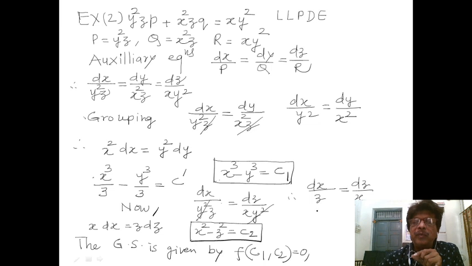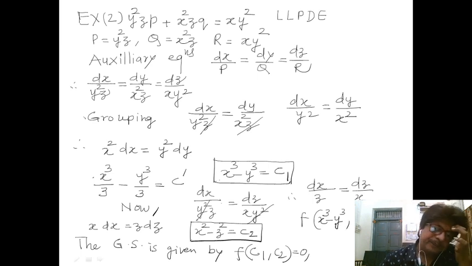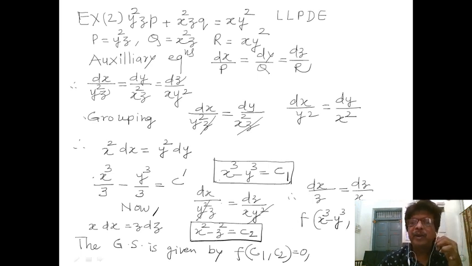c1 and c2 are: c1 is x cube minus y cube, whereas c2 is x square minus z square.